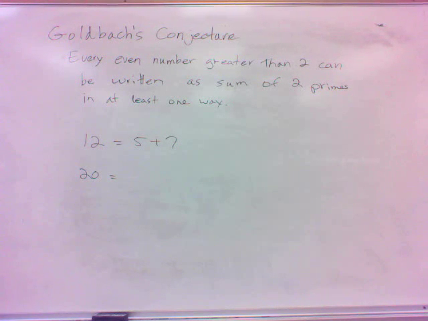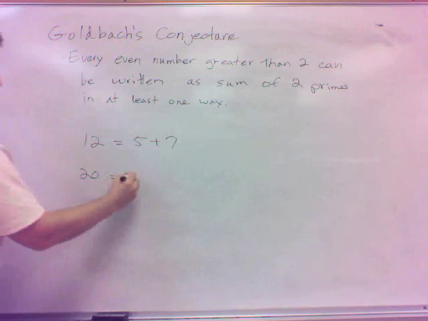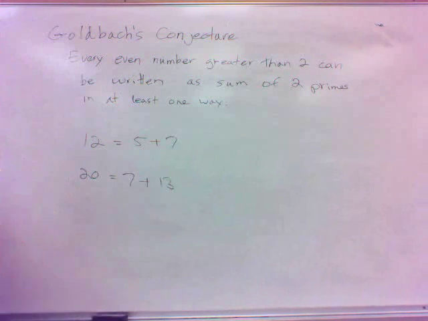Think of one. 13 and 7? 7 and 13? Sure could. Okay? So we can do that for every even number. Is there another way I could do 20 with 2 primes? 17 and 3, yeah.